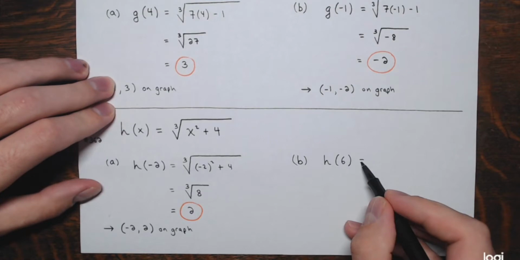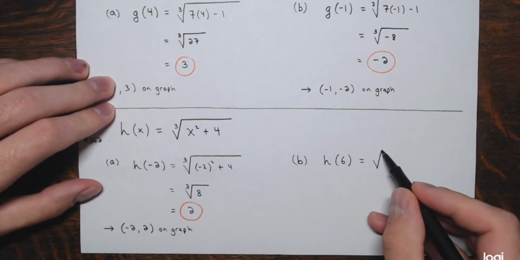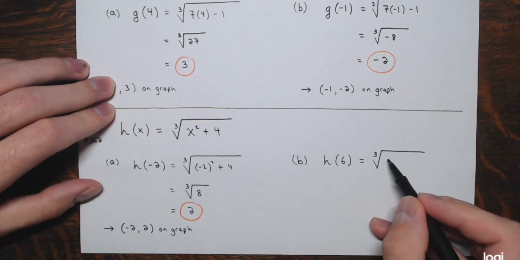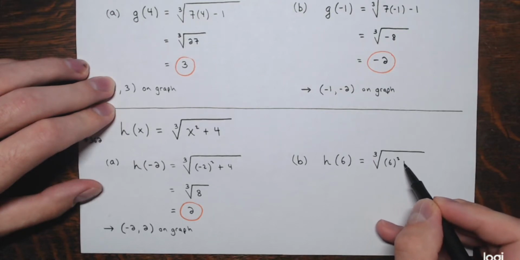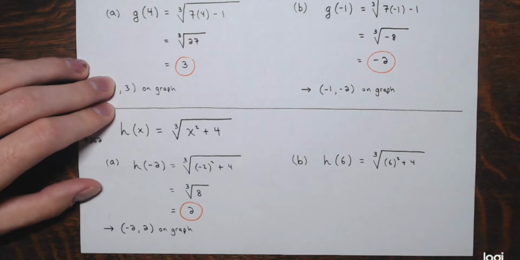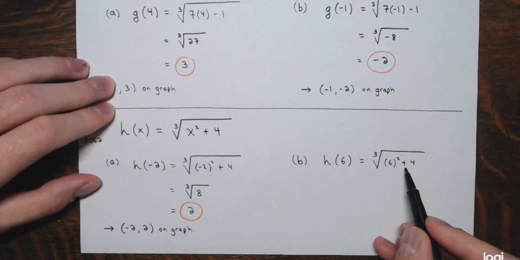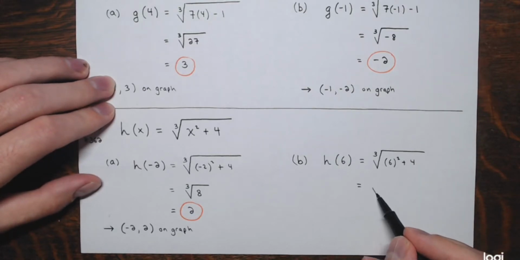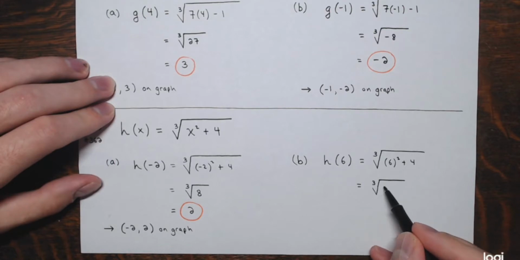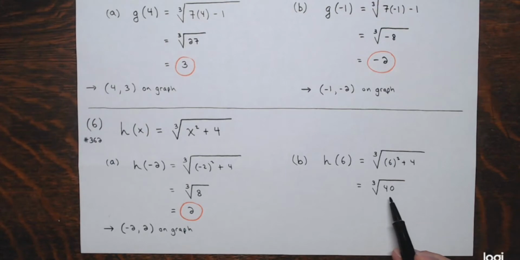So I'm just inputting 6 for x, so that's the cube root of 6 squared plus 4. That's 36 plus 4, which is 40. The cube root of 40, which now 40 is not a perfect cube, but you will be asked to simplify your radicals.